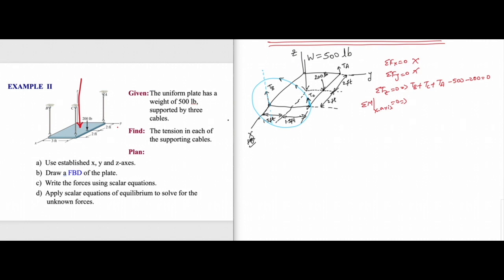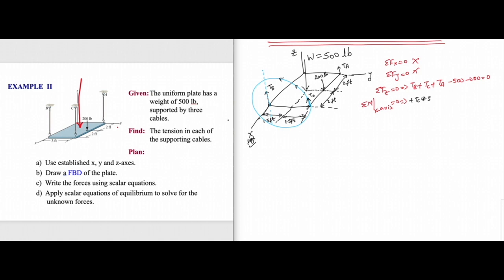That is where our eye is, the point from which we are observing things. So TC would cause a counterclockwise rotational effect. So you would write positive TC times the distance of TC from x-axis, which is 3 feet.